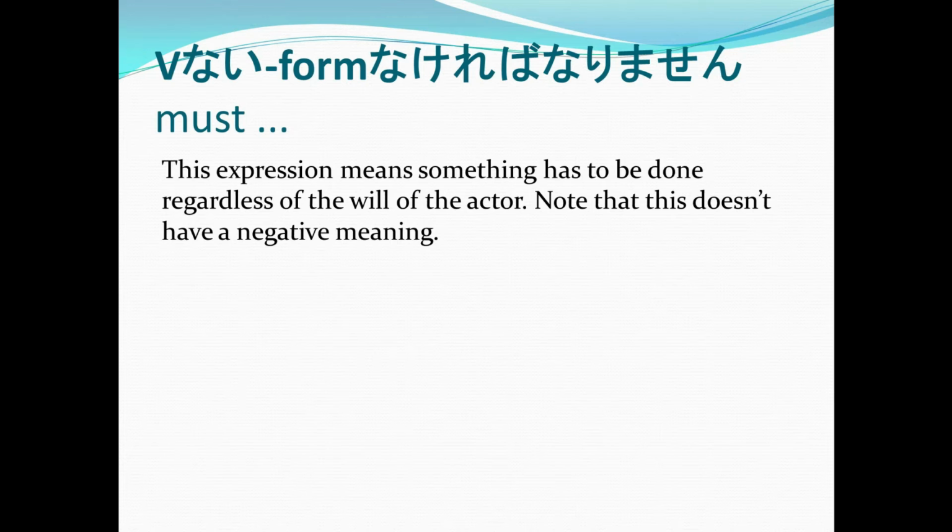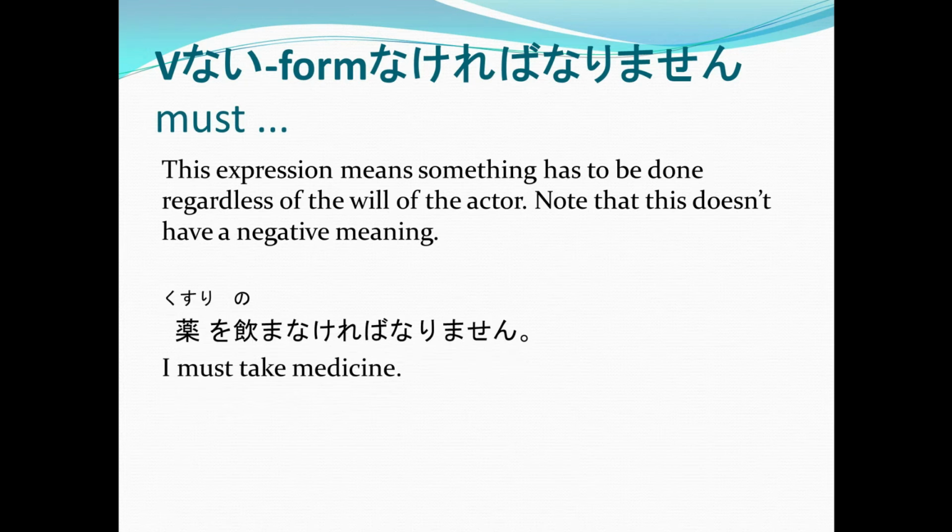Note that this doesn't have a negative meaning. Regardless if the actor doesn't want to do it or wants to do it, this doesn't have a negative meaning. Why? Because, as I've said, this means must. Something that you must do.